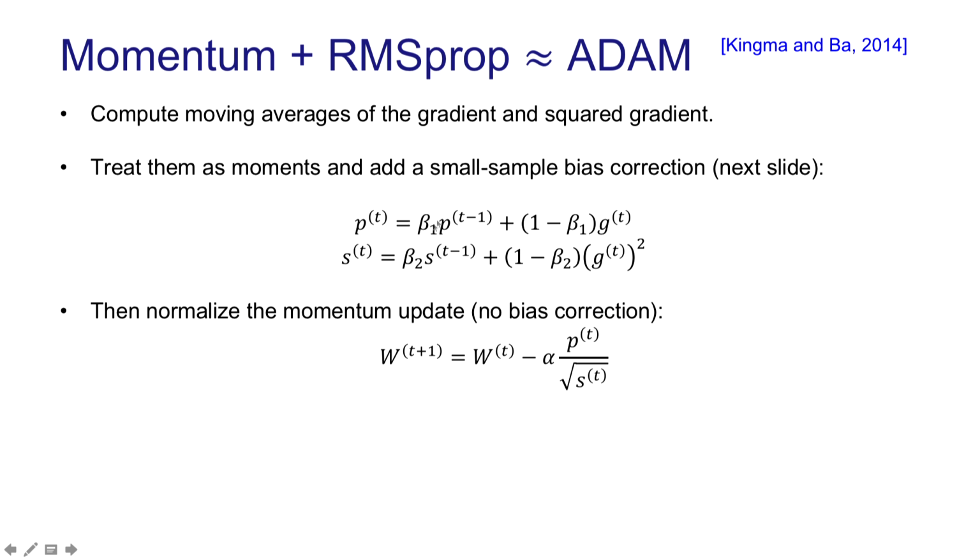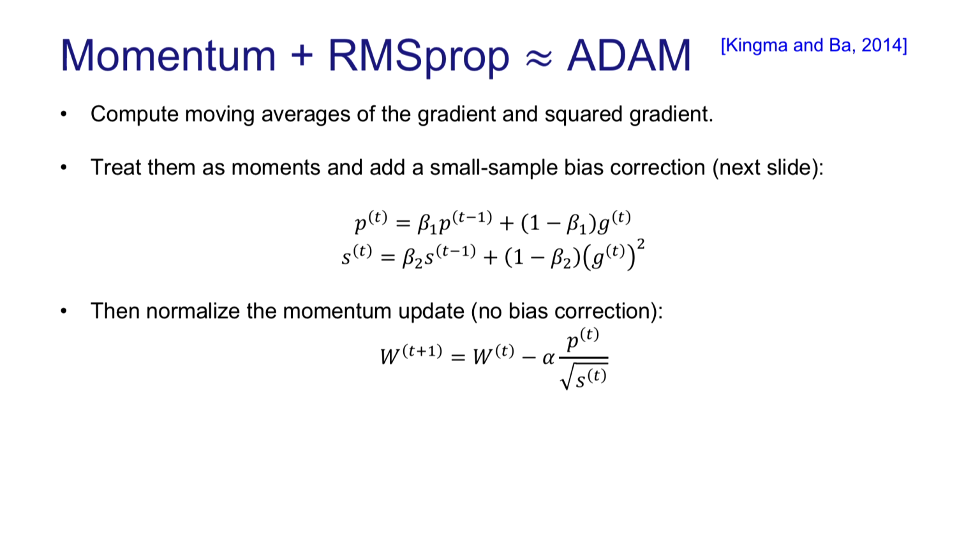And I mentioned before that for momentum, it's common to use a moving average of about 0.9, which means that the effective width of the moving average is about 10 steps. The moving average of the squared gradients is usually much bigger, because the magnitude of the gradients tends to vary much more slowly.